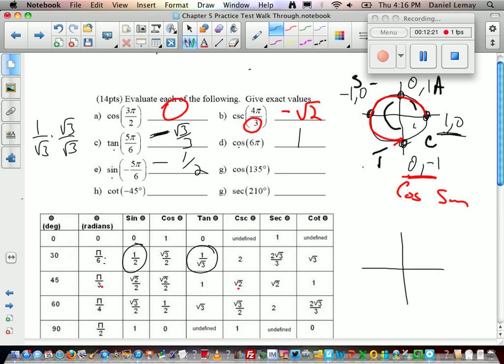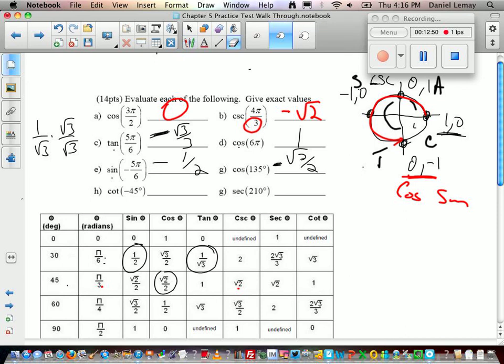Cosine of 135 degrees. 135 is there. Reference angle is 45. We're looking for cosine, so it's going to be root 2 over 2. But in this quadrant, only the sine and cosecant are positive, so that tells me this answer has to be negative.